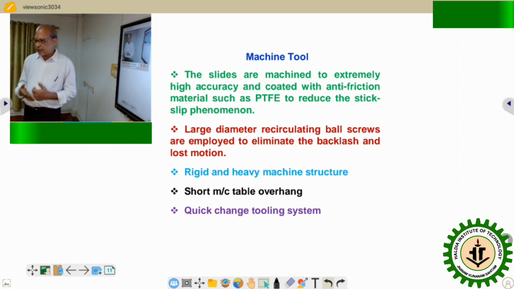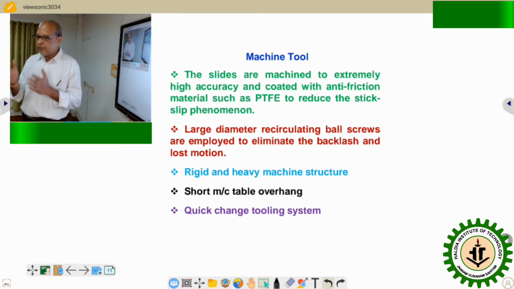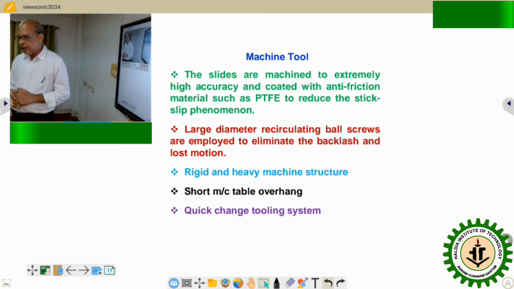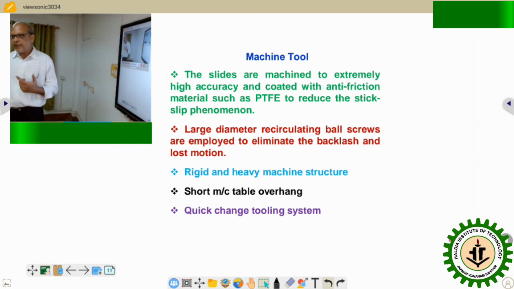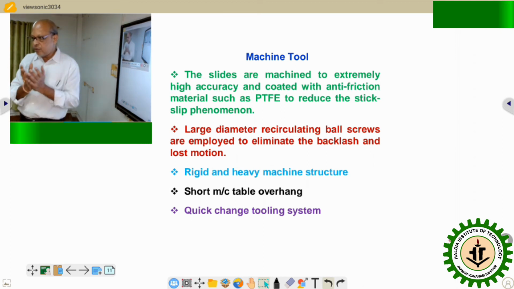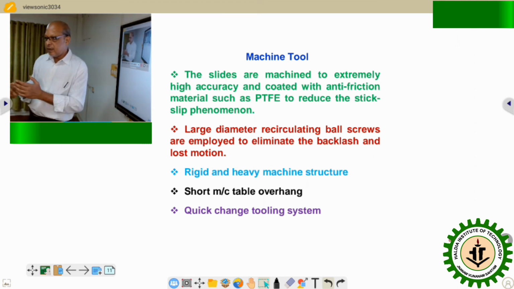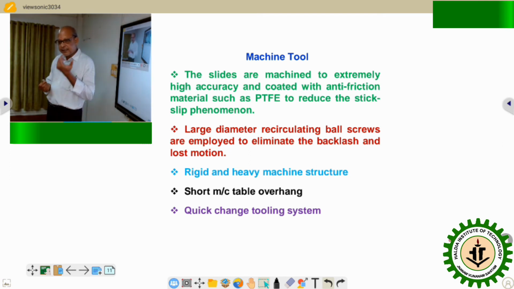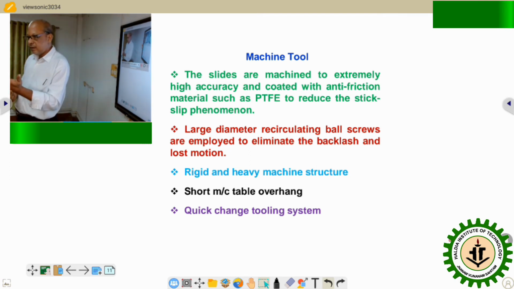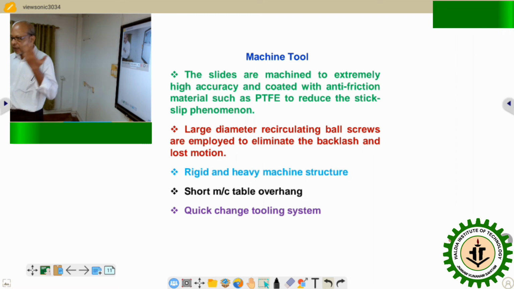If you think about basic metal cutting, I believe you have already studied the metal removal rate. Material removal rate is expressed in cubic millimeters per minute. That means the volume of material removed per unit time, and that depends on three cutting parameters: cutting velocity, feed and depth of cut.